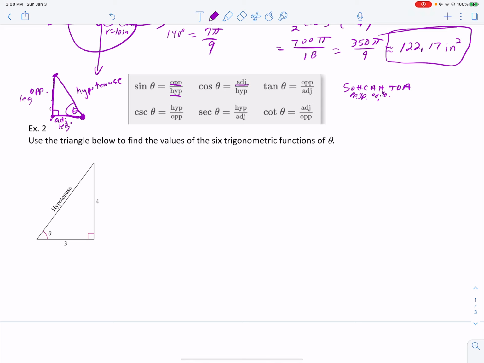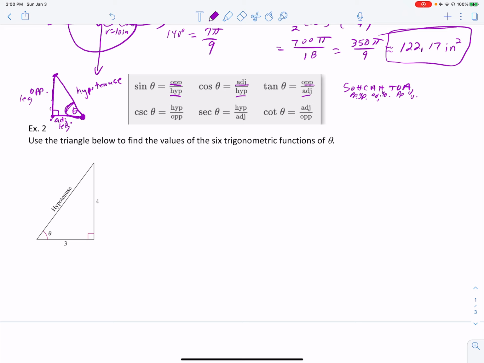And tangent is opposite over adjacent. So both sine and cosine have the value of the hypotenuse in the denominator. Sine uses the opposite leg over hypotenuse, cosine uses adjacent over hypotenuse, and then tangent is the opposite over the adjacent, according to what that reference angle is.